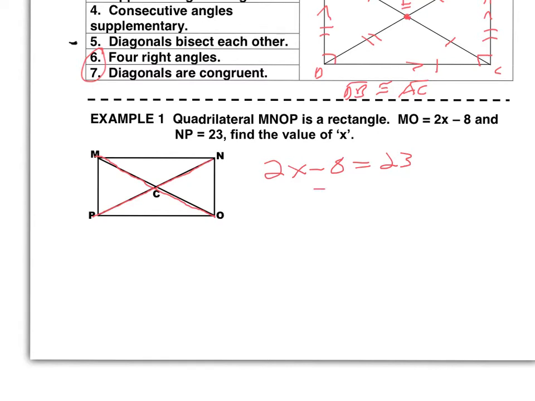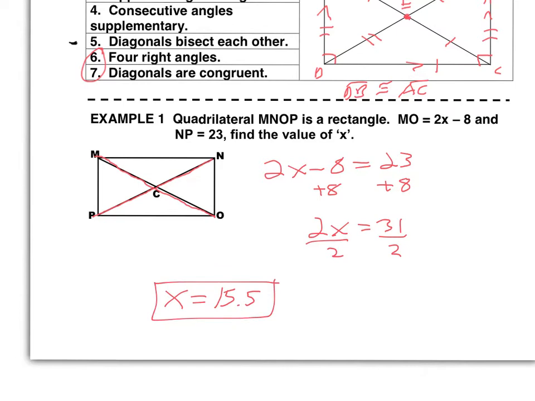I add my 8, makes 2x equal 31. We divide by 2, and we're going to get a decimal, which is okay. Decimals are okay. We get 15.5. The only thing we needed to know in order to set that equation up was that the diagonals are congruent to each other. They are equal in measure. All right, so let's go to the next page.